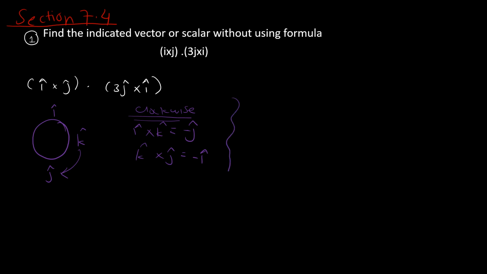Now if you go in the anti-clockwise direction, what does it give you? So i hat times j hat gives k hat. Here there's no negative.